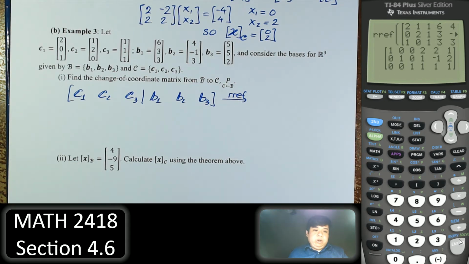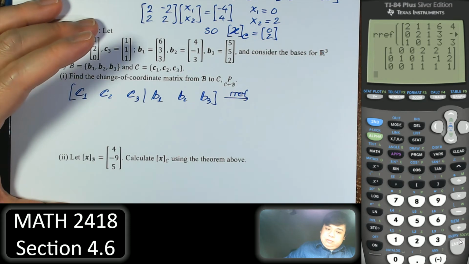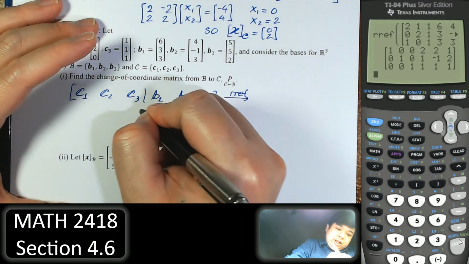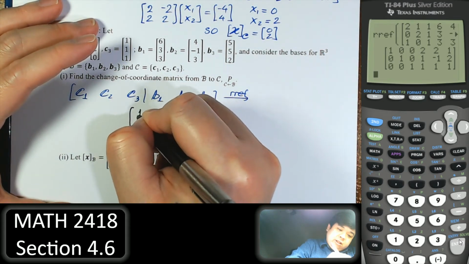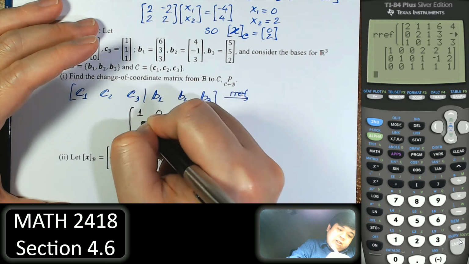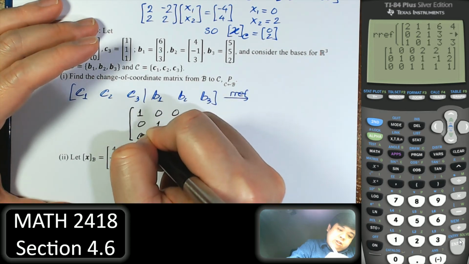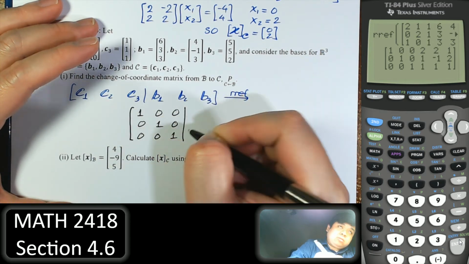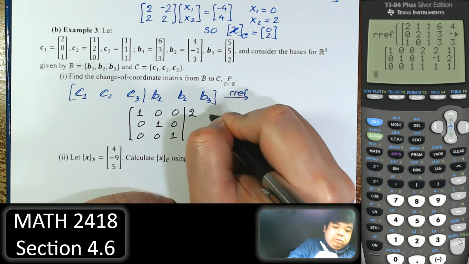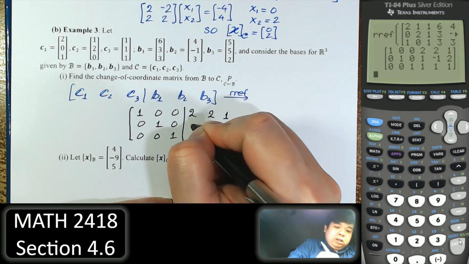Right, when we do that, we have the identity matrix on the left. On the right hand side we have 2, 2 and 1.